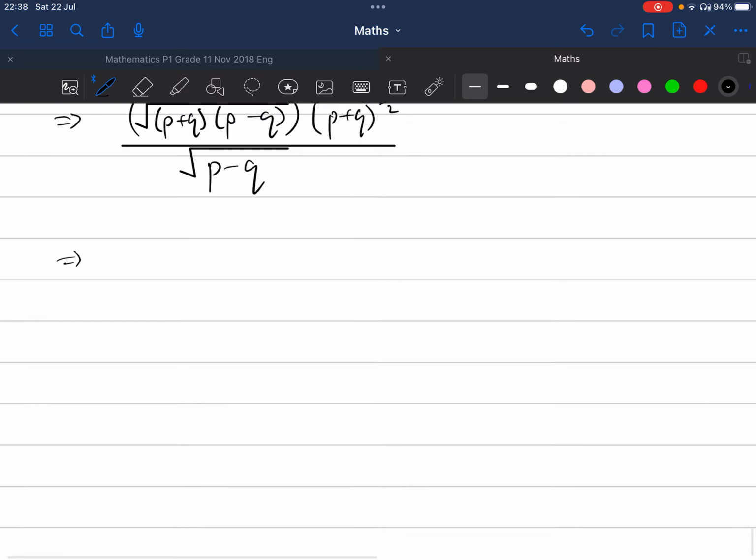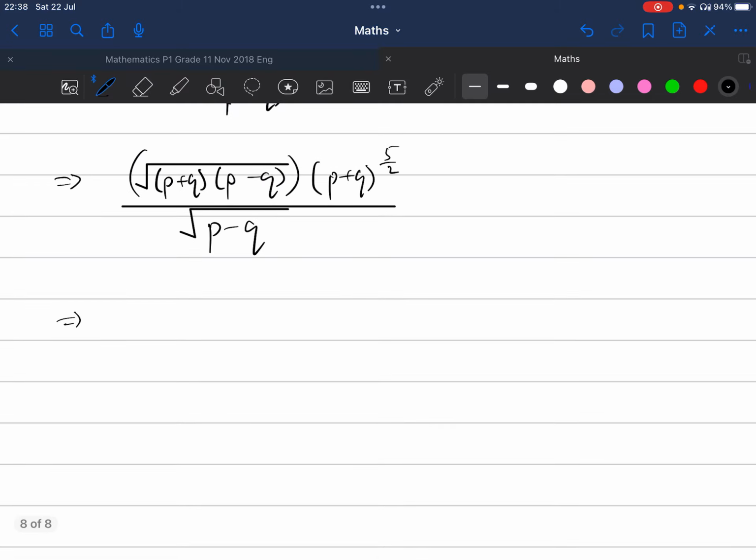So let's see now. When it comes to two brackets being multiplied under a square root, I can just isolate them. So I can say root of p plus q times the root of p minus q.